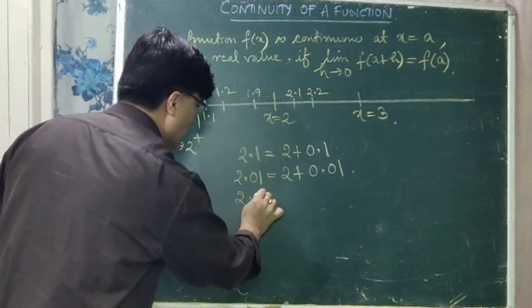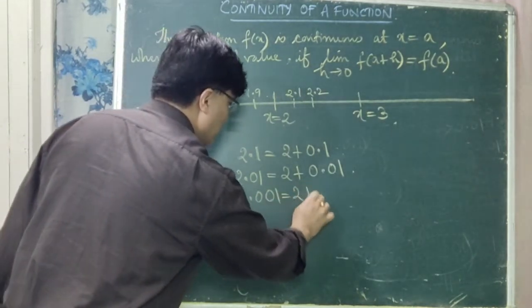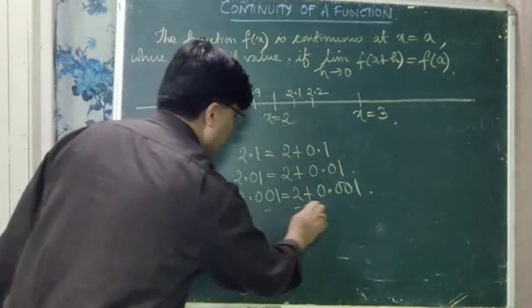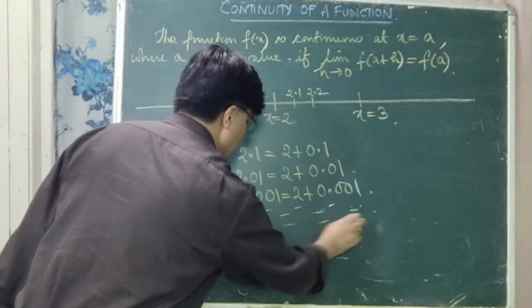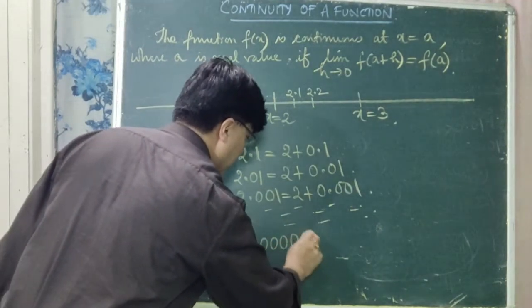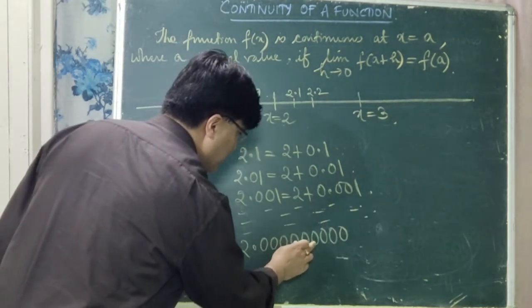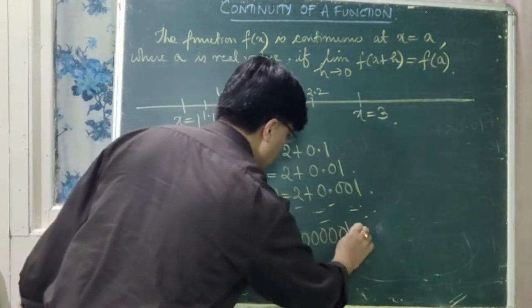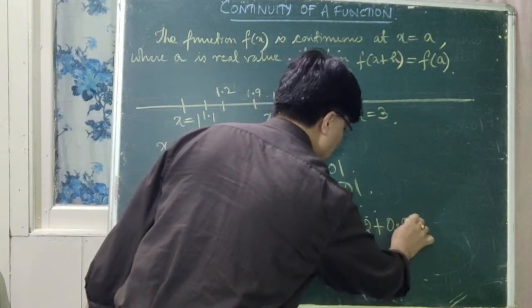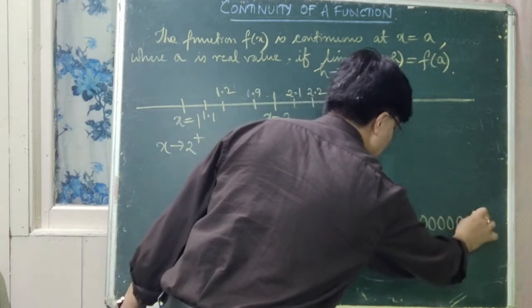Again you may have 2.001, which is equal to 2 plus 0.001. Or you may have 2.9 with many zeros and 1, which is equal to 2 plus 0.0000000 and 1.